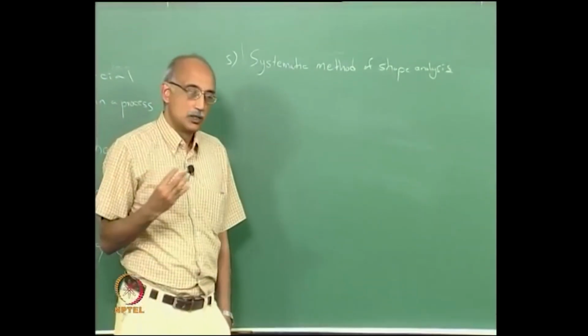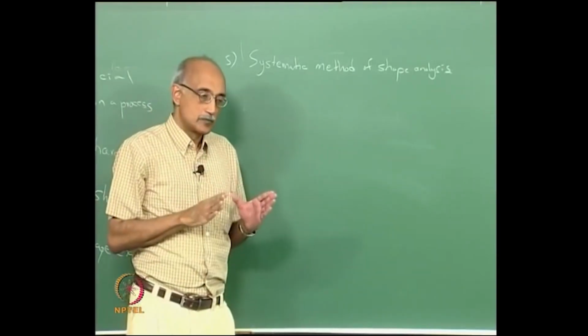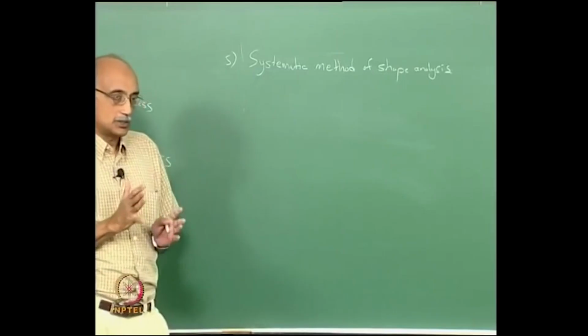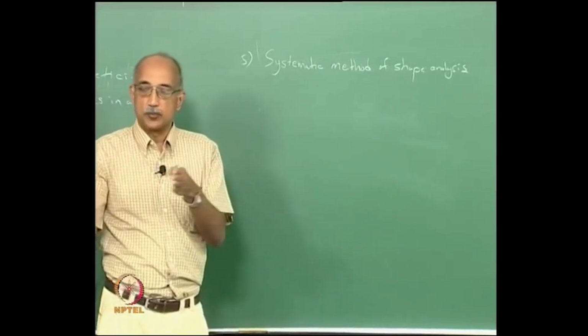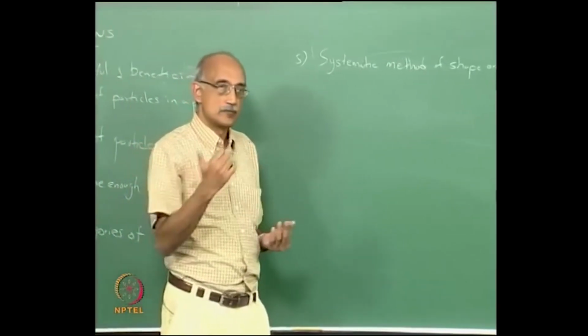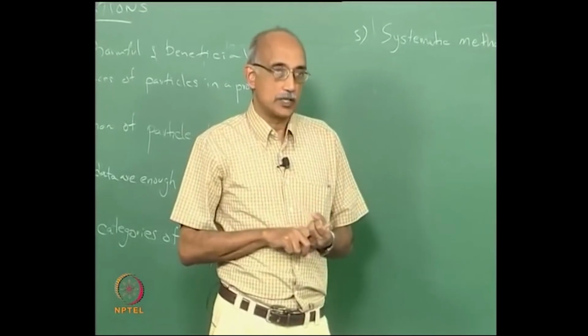And if you recall, we broke this down into 2 aspects. The first is, in order to obtain the shape of a particle, you have to first define a class of particle shapes to which this particle could be compared against, and secondly you have to develop decision criteria.